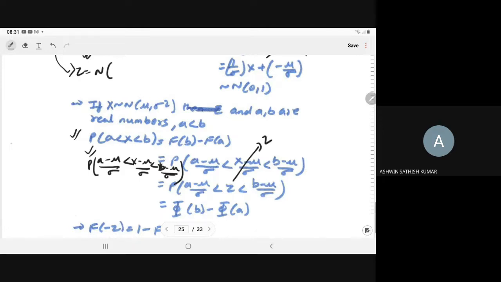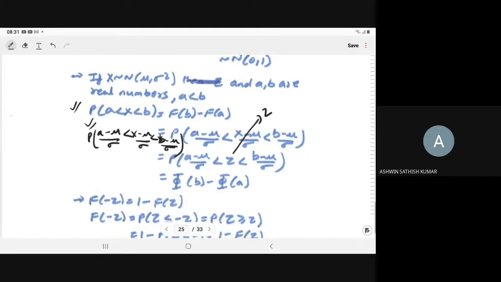So it will be the P of a minus mu upon sigma less than z less than b minus mu upon sigma, which can be written as phi of b minus mu upon sigma minus phi of a minus mu upon sigma.